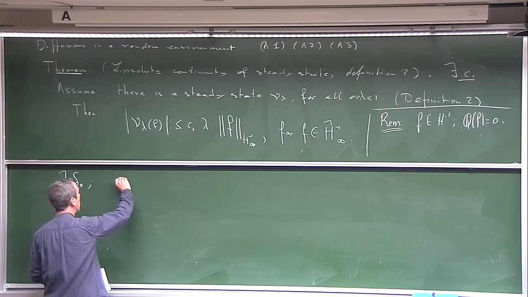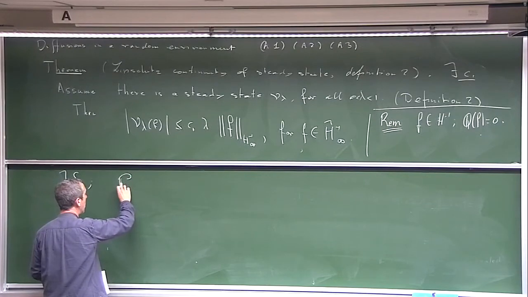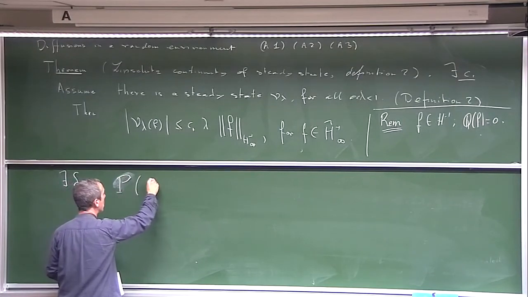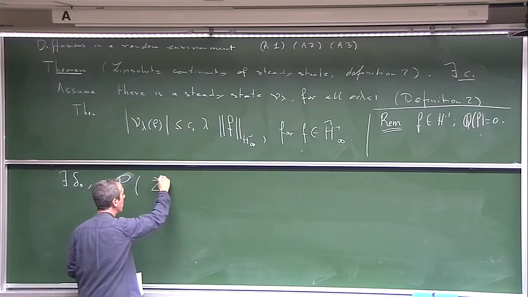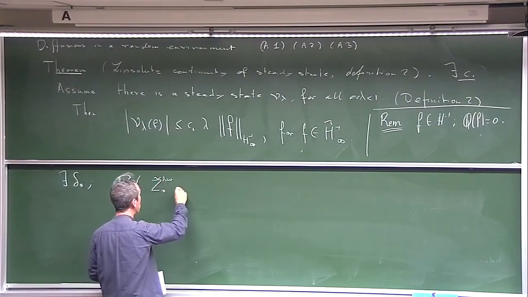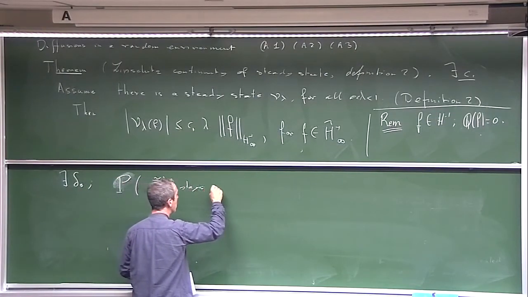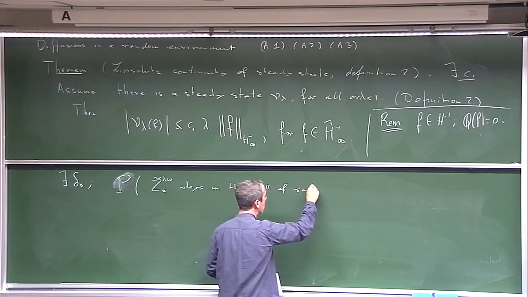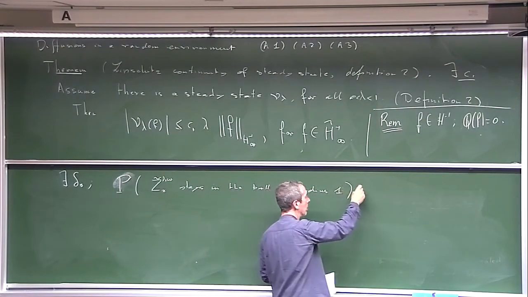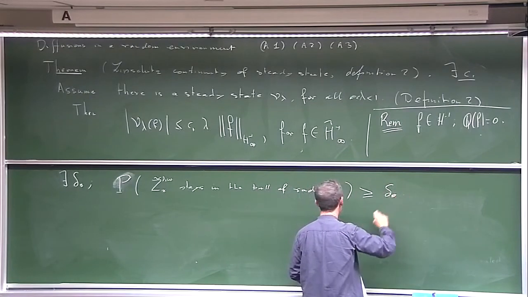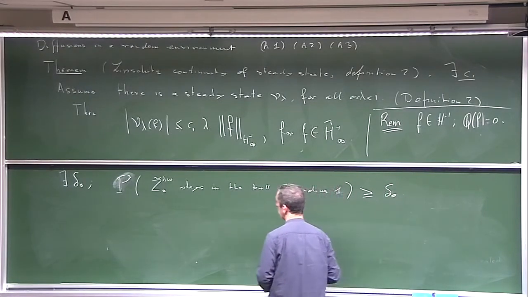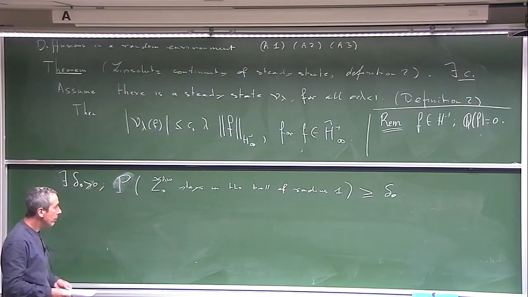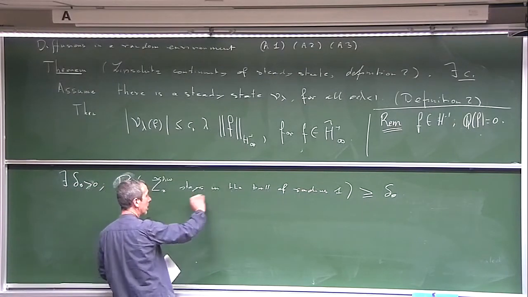So the probability that Z tilde lambda omega at point X stays in the ball of radius 1 is bounded from below by delta 0, and delta 0 is positive. So it stays in this ball until time 1.